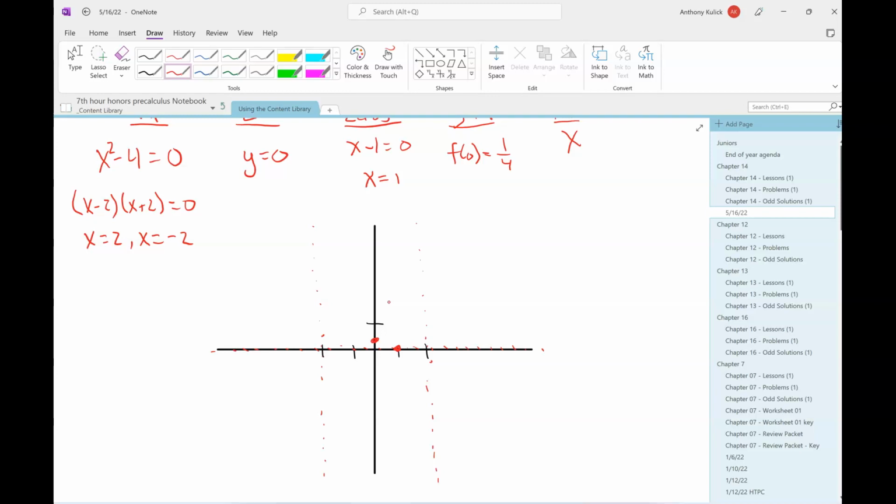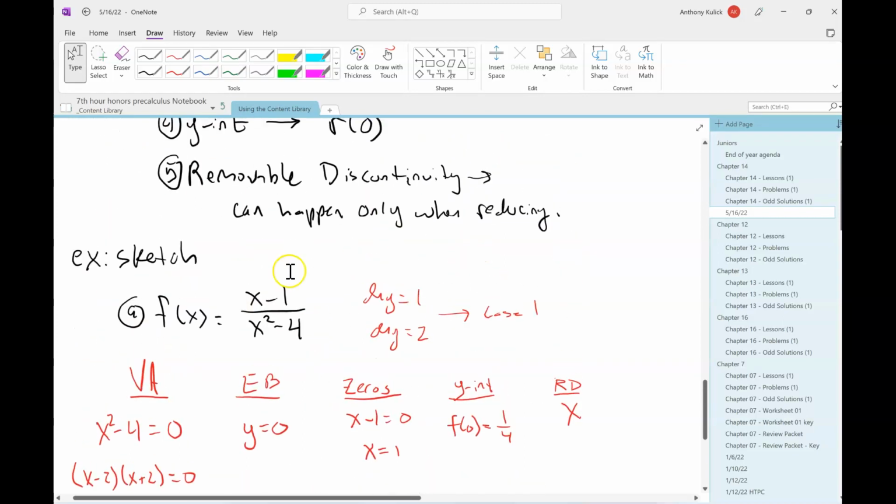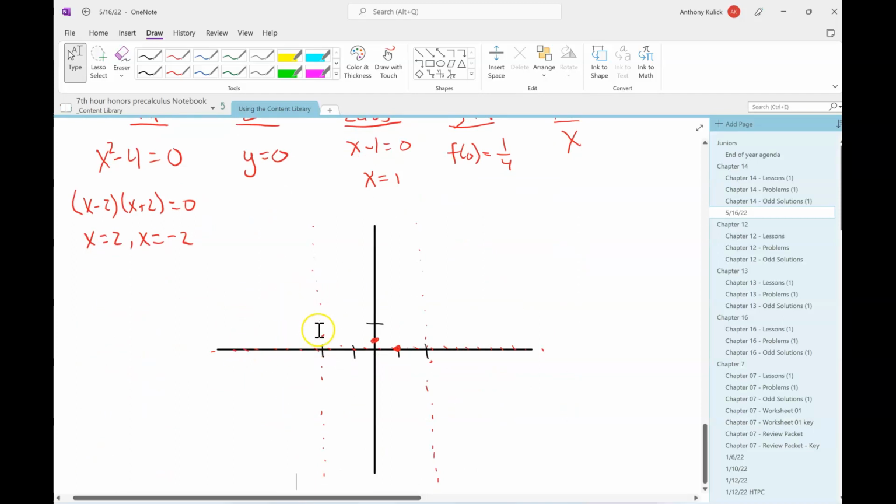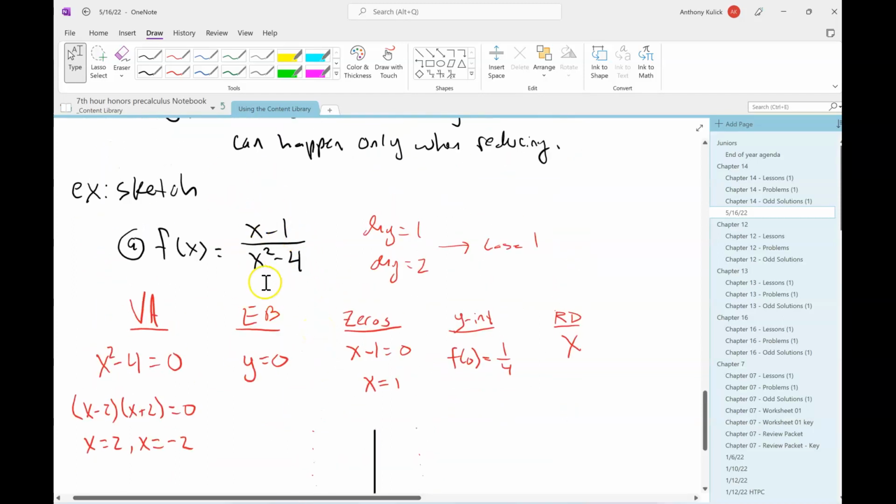I got my zero, and I got my y-intercept. So the question now, if I'm sketching, is what is the graph doing at each one of these vertical asymptotes? For example, on the left side of x equals -2, is the graph going up or going down there? To determine that, what I'm going to do is just type in some test values. So I'm going to pick a couple of values getting closer and closer to -2 from the left side and plug them in for my x's and see what happens.